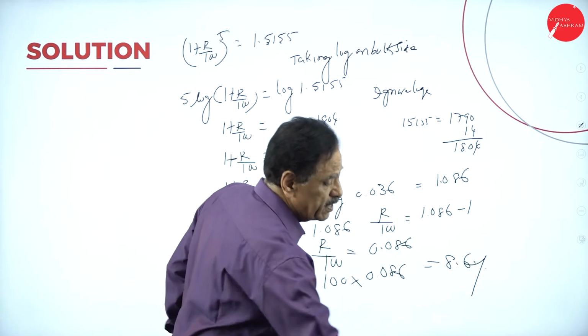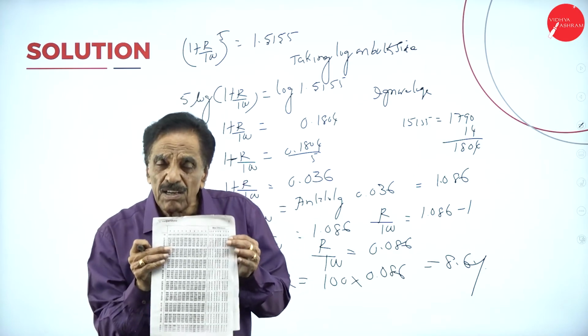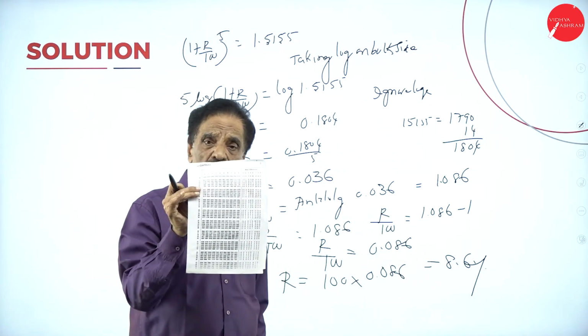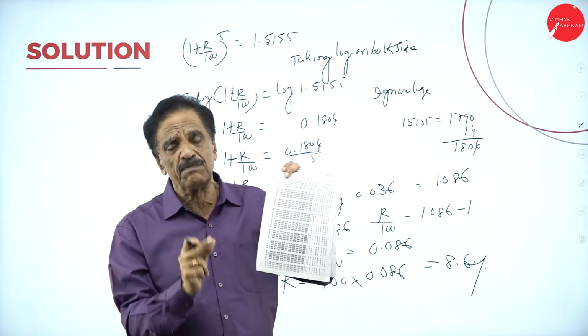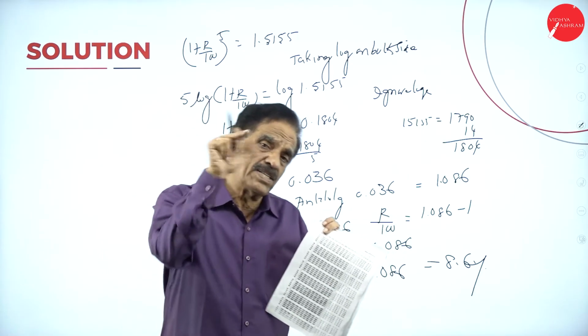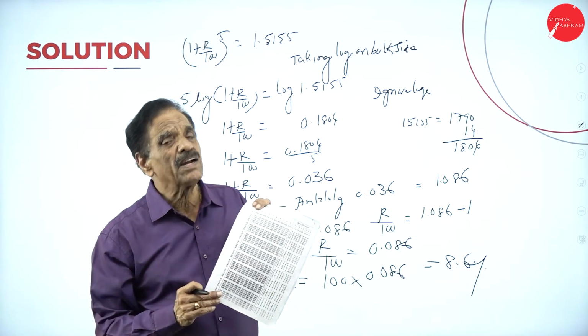So what's the procedure? This is the log table which I have used. You have to see the log table. For the log, the rule is n minus 1, and for the anti-log, n plus 1.